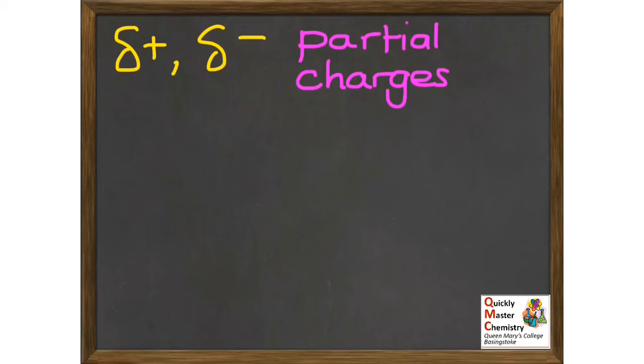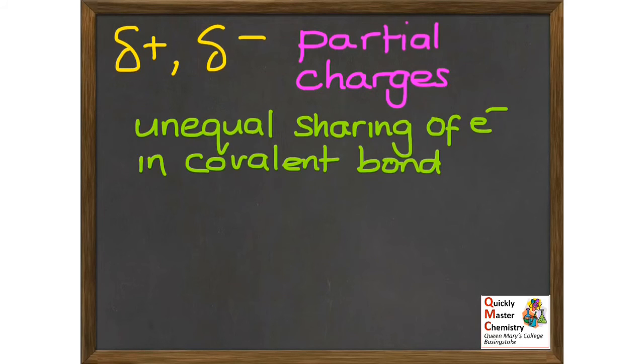Let's just take a moment then to capture this idea, as you might not have come across it before. So where we see delta plus, delta minus drawn on a molecule or a chemical species, that refers to partial charges, and those are due to unequal sharing of electrons in covalent bonds. They don't actually represent the true formation of ions, rather this unequal sharing, electrons having moved more towards one location and away from another location.